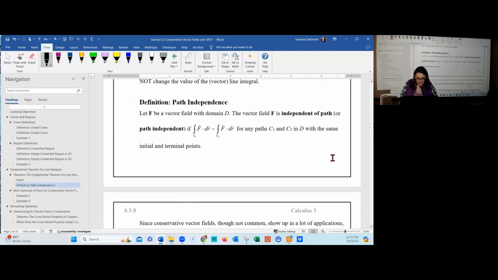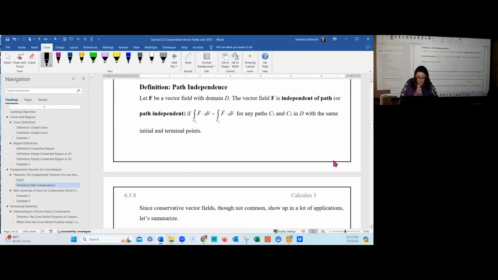Let's now take a look at what path independence is formally. Let's suppose we have a vector field F with domain D. We say that the vector field F is independent of path, or path independent, if when we evaluate F dot dr, the vector differential, on two different paths, C1 and C2, we get the same result.